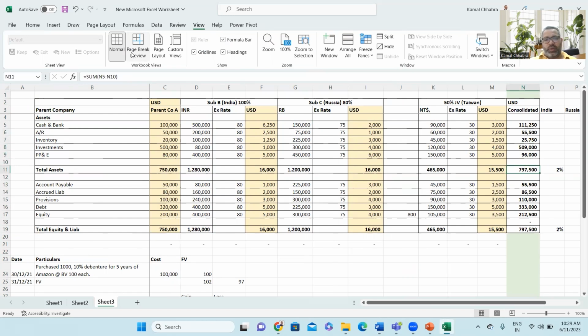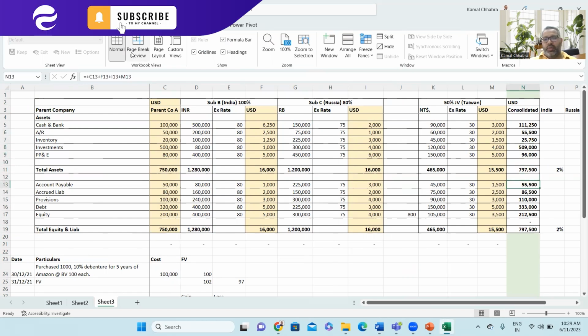So this is your total assets. Whereas in liabilities, you have payables, accrued liabilities, provision, debt. But in equity, you will have two things: one is non-controlling interest, and second is equity.